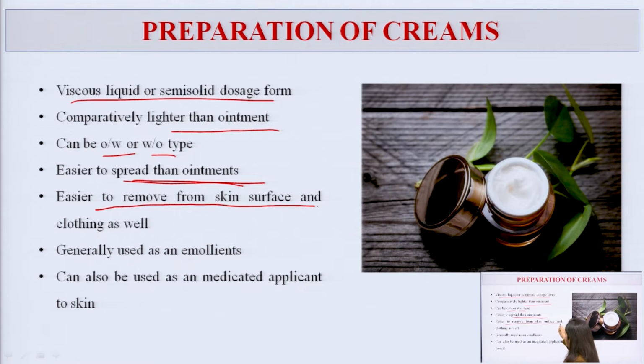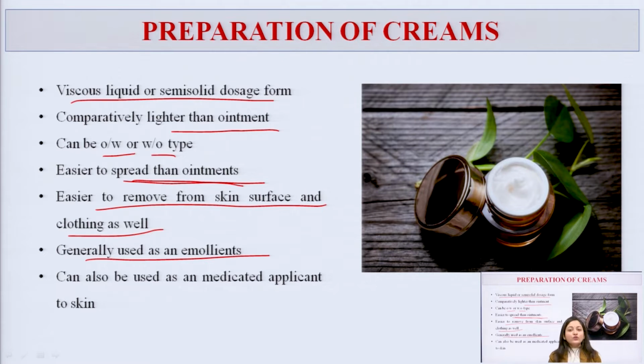Now, it is easier to remove from the skin surface and clothing as well. Creams are easily removable from the area where they are applied and from clothing as well. So, as it is easy to apply, it is easy to get removed as well. Generally, it is used as an emollient. The major purpose of cream is protection, and it can be used as an emollient.